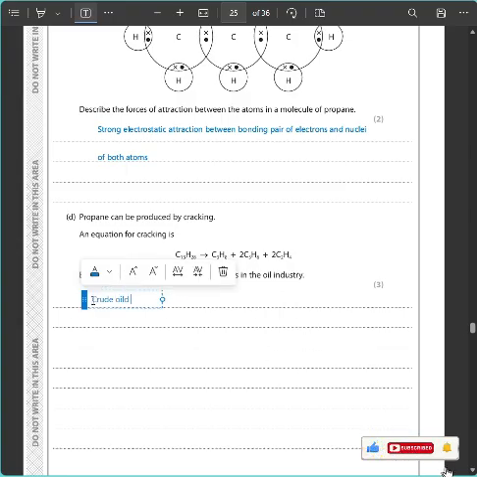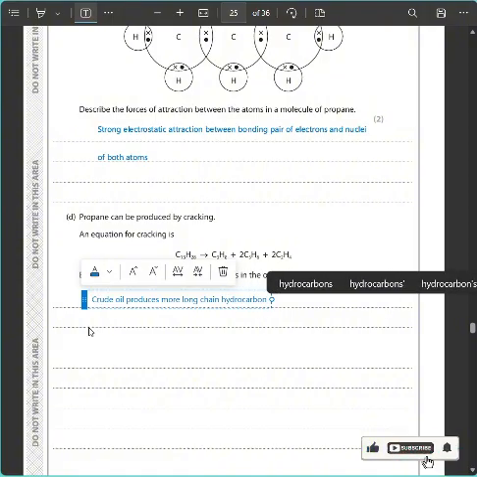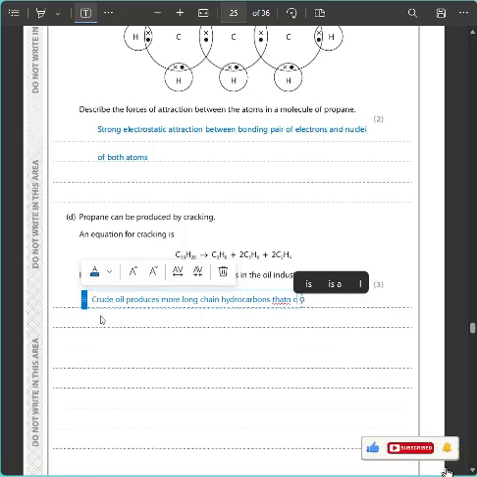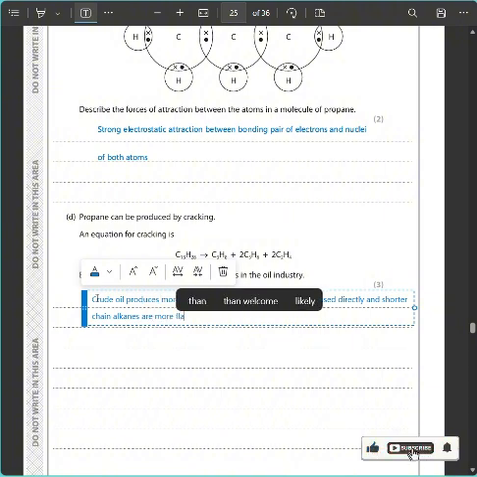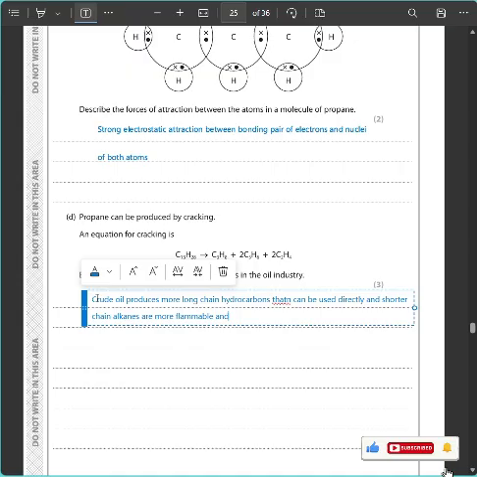Because crude oil produces more long chain hydrocarbons than can be used directly, and shorter chain alkanes are more flammable and can be used for polymerization.